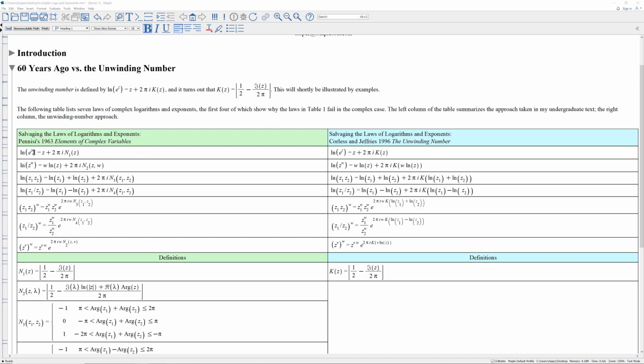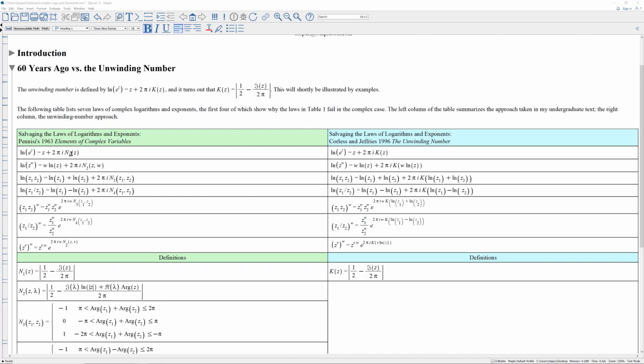These first four laws are the adjusted laws that one learns in elementary calculus or elementary pre-calculus. Log of e to z is z with this adjustment factor. Log of z to the w, the exponent comes out front, plus this adjustment factor. Log of a product is the sum of the logs plus this adjustment factor. Log of a quotient, difference of the logs, you have this adjustment factor.